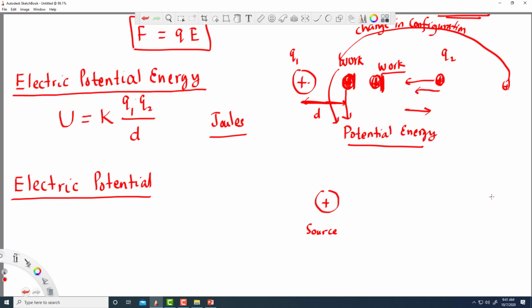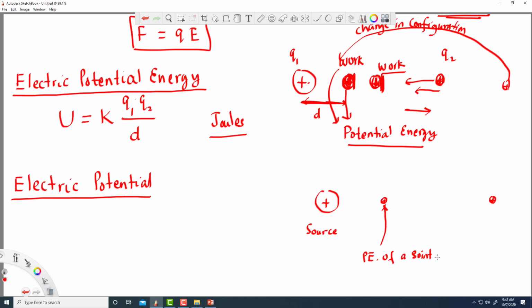If I were to bring a small test charge from infinitely far distance to some distance closer to this charge, how much potential energy can it have? Okay, so potential energy of a point charge. Point charge means it's a unit charge, 1 coulomb charge.